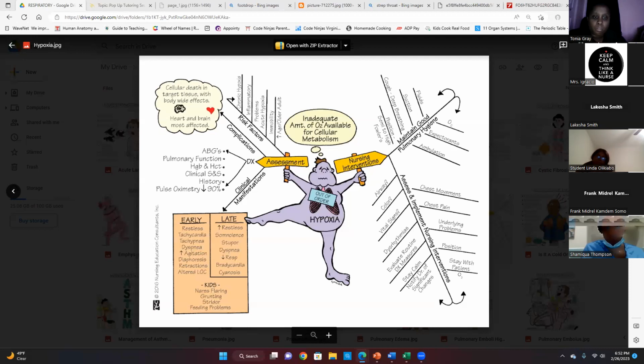Okay. Let's talk about a bronchoscopy. Can anybody tell me what are some of the nursing considerations if your patient is having a bronchoscopy?